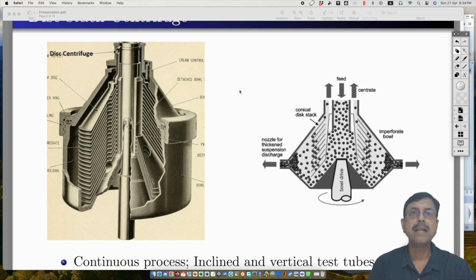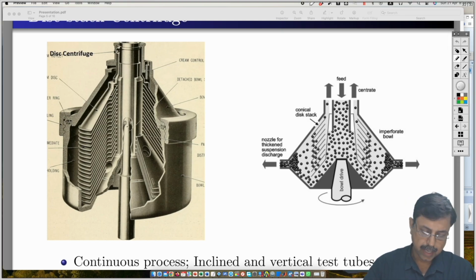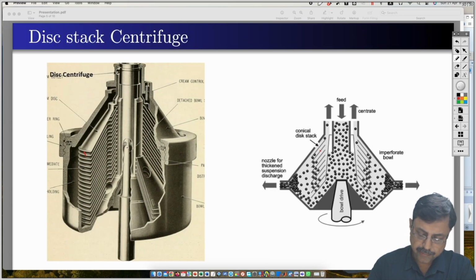Here you can see multiple conical disks are stacked in an enclosure and their gap, they are all inclined just like this. Feed enters through the top and it moves. So this is the slurry having both liquid and solid particles suspended in it. And they move like this and the entire enclosure, the disk, they rotate.